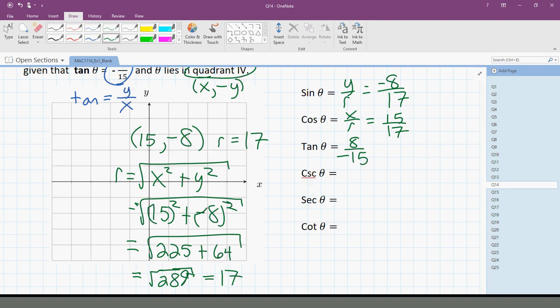Cosecant is what? 17 over negative 8, because it's the reciprocal. Very good. Secant? 17 over 15. Right on. And cotangent? There you go. 15 over negative 8.